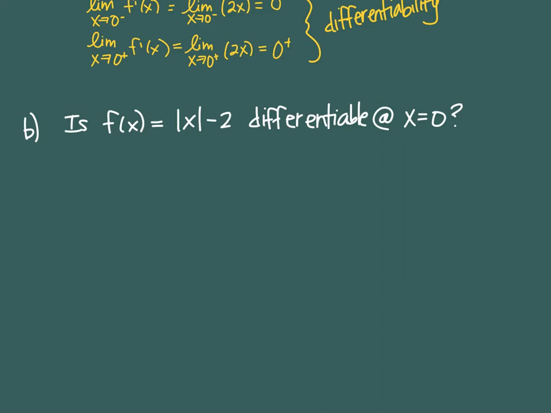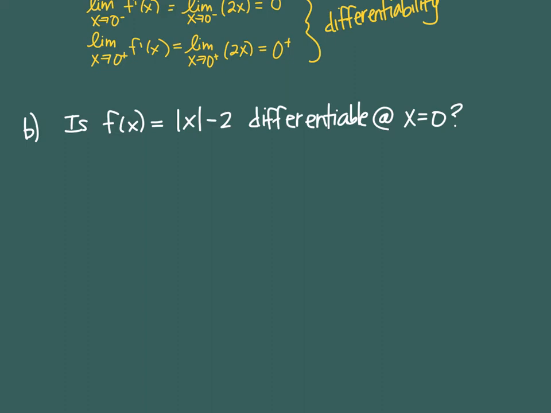Visually, does the absolute value of x minus 2 have any gaps or holes or asymptotes? No, so we can say with confidence that it is continuous. But visually, does it have any corners, cusps, or vertical tangents? Yes, and so we can say although it's continuous, it is not going to be differentiable.